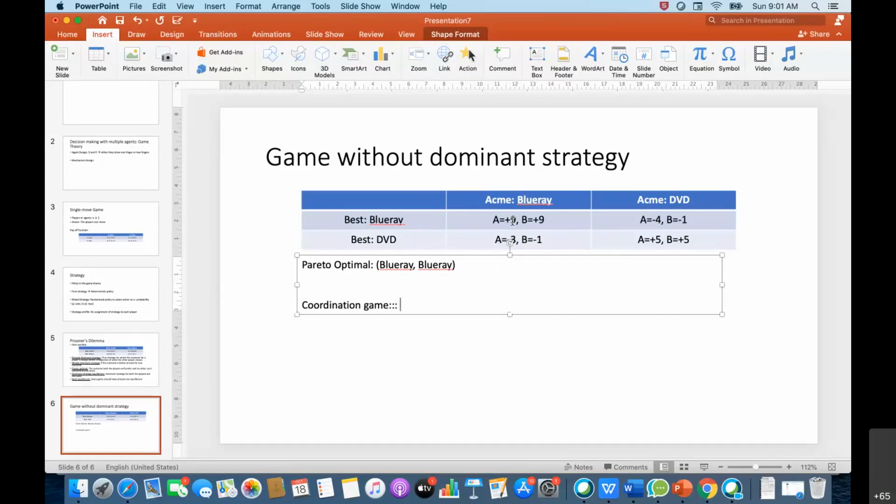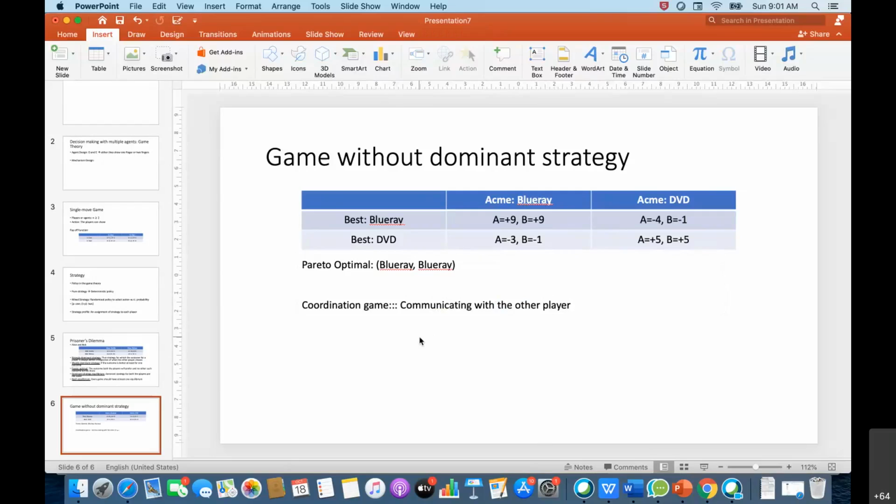That is, communicating with the other player. Okay, so this is called the coordination game.